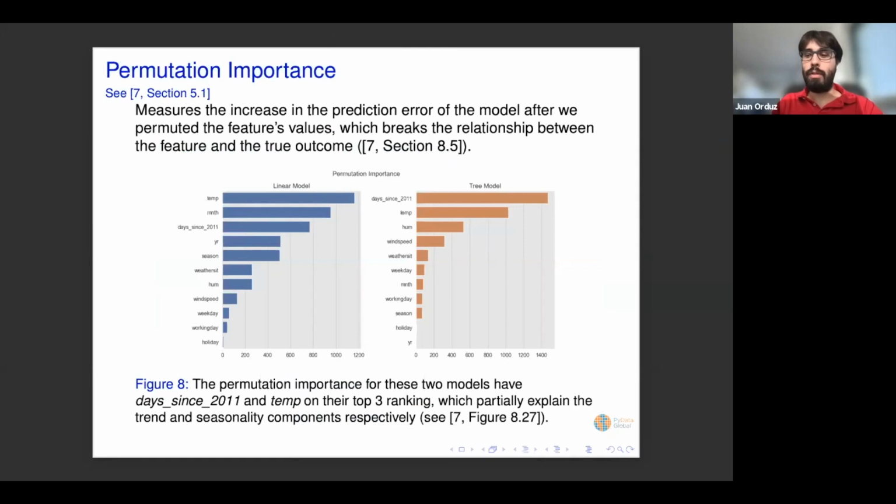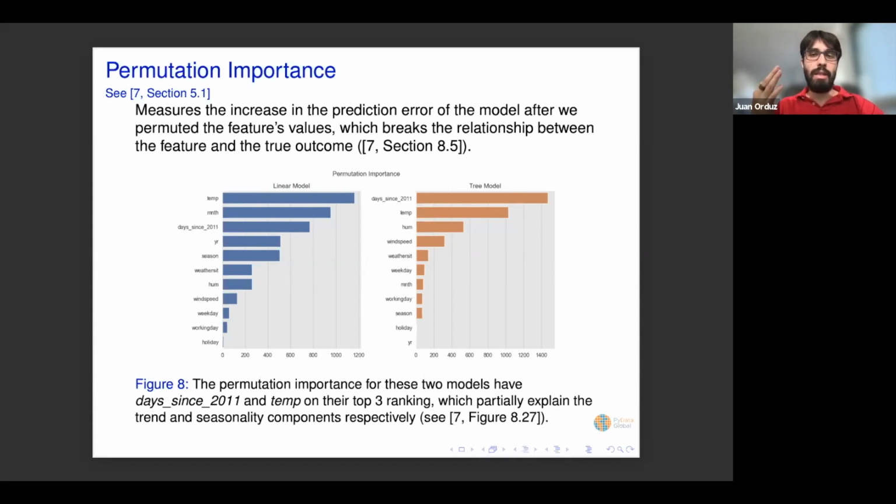Another natural measure of importance is what we call permutation importance. And what we do here is essentially for each feature, we shuffle the data instances and then test the accuracy once this is shuffled. And what's the intuition behind it? Well, if a feature is important for your model, if I shuffle the values of that feature, the accuracy must go down.